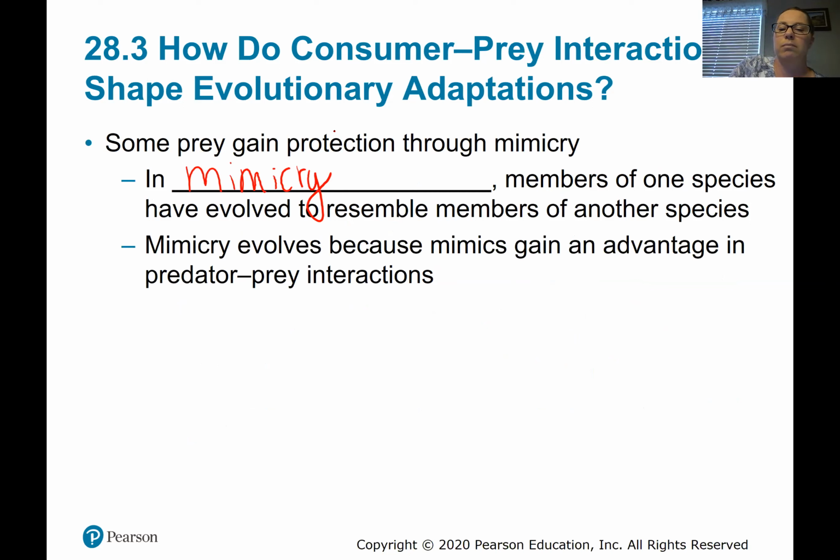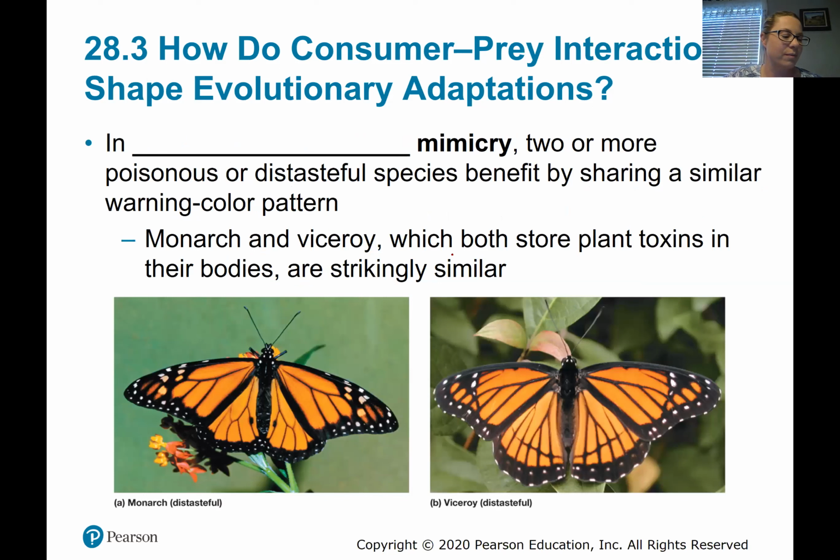And then this mimic, the copycat, has gained advantages from this other species because they've already built in like, hey, we're yellow and black, we don't taste good. So this new species that evolved the yellow and black colorings, they're taking advantage of all of the education that the other species has provided with the predators.